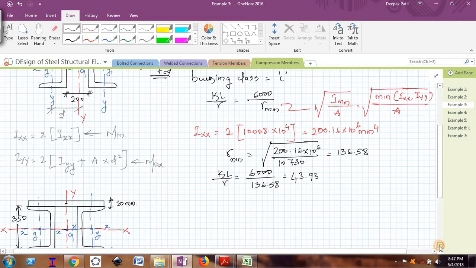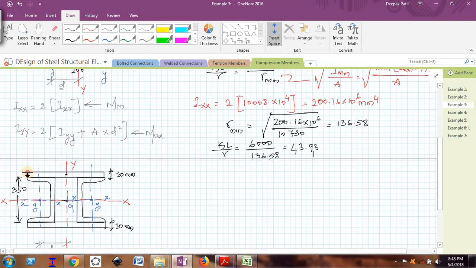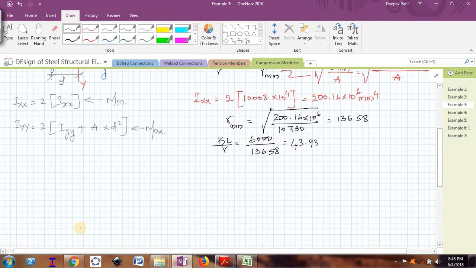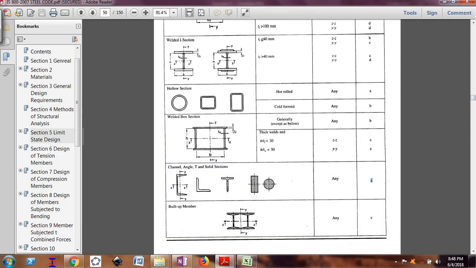So I need to go to table 9C to find out the appropriate FCD value for this KL by R. So I will go to table 9C.